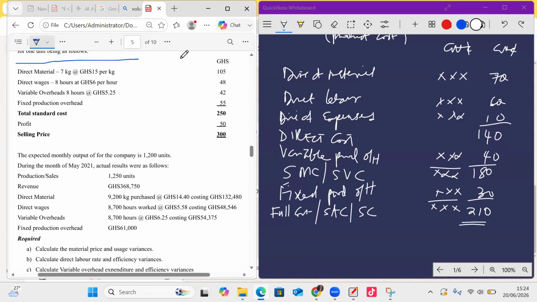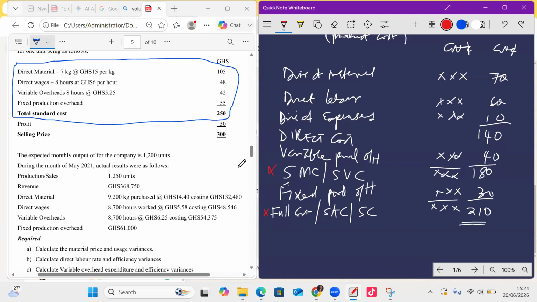The cost card could be a marginal cost card or a standard absorption cost card. It's a marginal cost card when there is no fixed. It's a standard absorption cost card when there is fixed. Are we good?